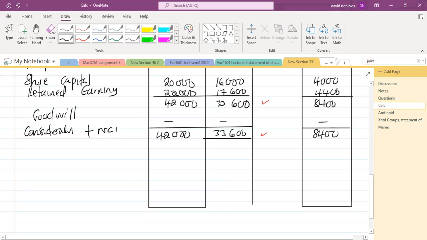Right, once we have that, then we say what has happened since acquisition. So since acquisition, to the beginning of the year.